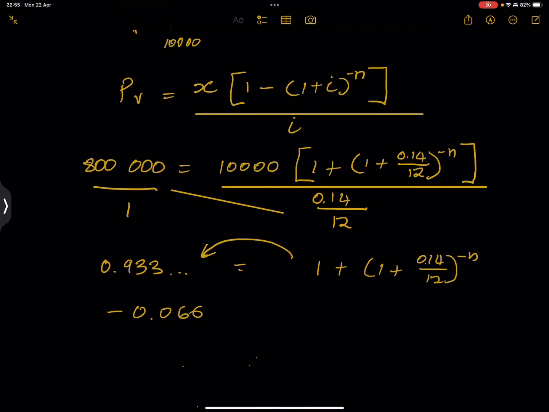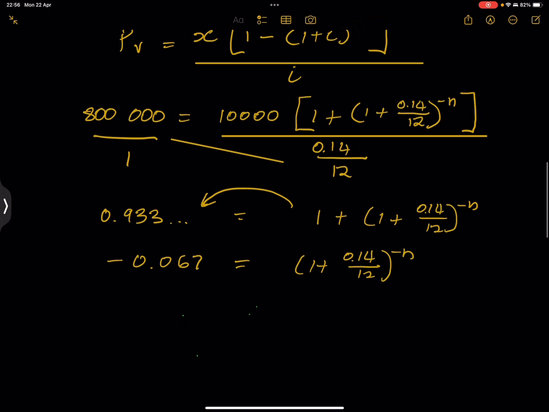So 0.067, but I am not going to remove the number 1 plus 0.14 over 12 minus n. Now, what do I do here? This is where I am now going to introduce logs. So this would be the introduction of logarithms.